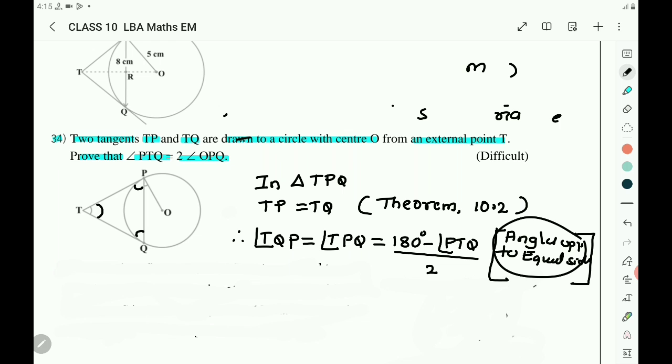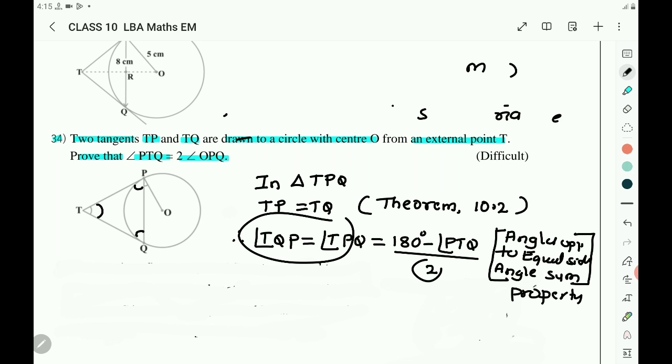Angles opposite to the equal sides. 180 minus angle PTQ by the angle sum property. The sum of the three angles of the triangle is 180 degrees, and the remaining angle is 180 minus angle PTQ, which must be divided by 2 to get the measurement of these two angles.